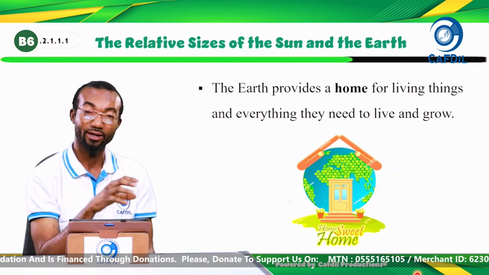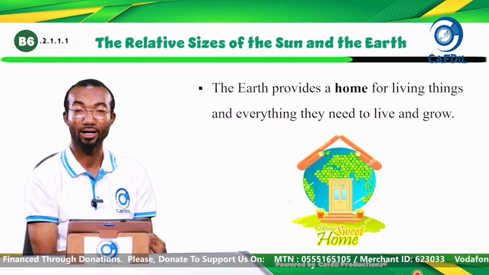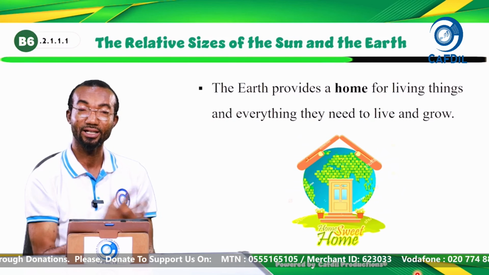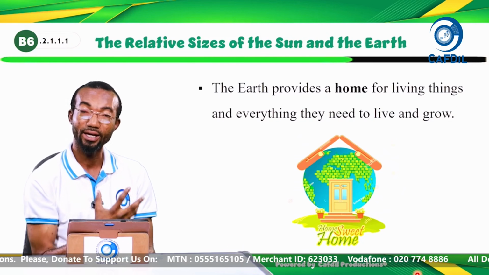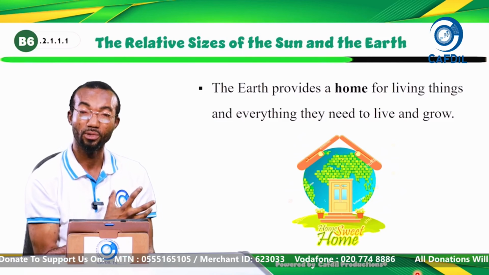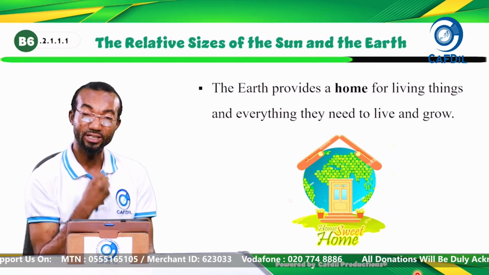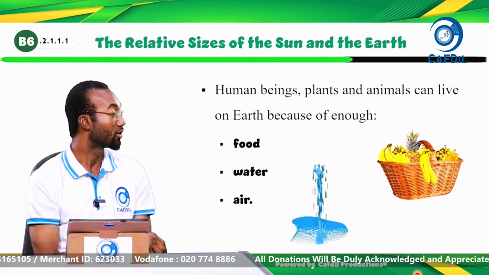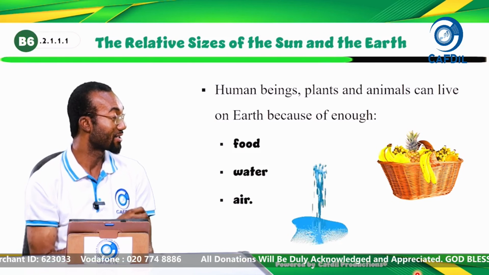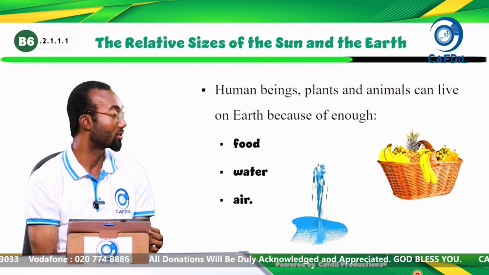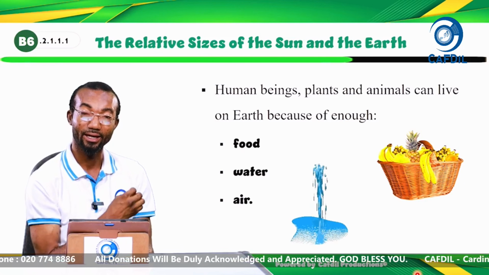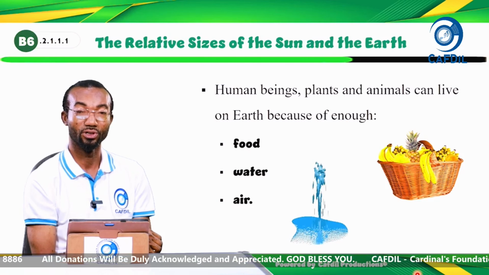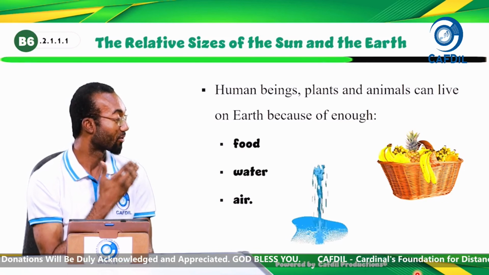We have air in the earth's atmosphere that helps us to breathe. Human beings, plants and animals can live on earth because there is enough food, water and air. So the earth is small, but we get food, water and air.